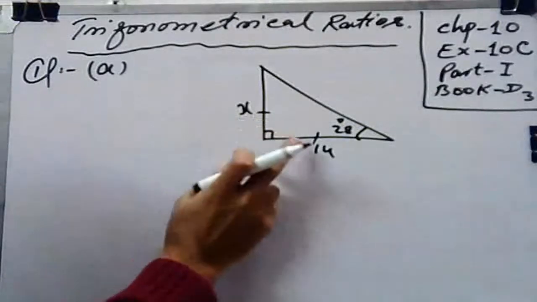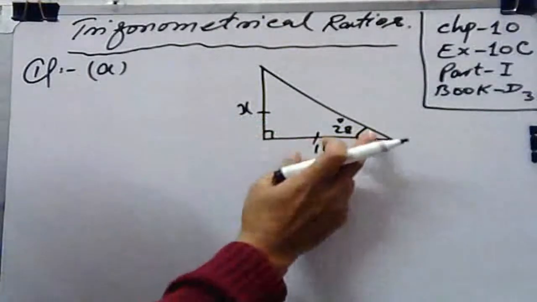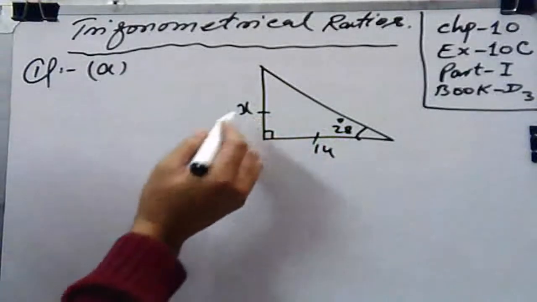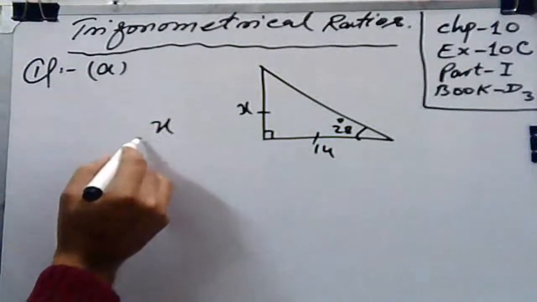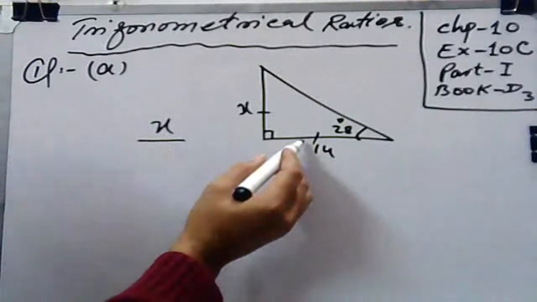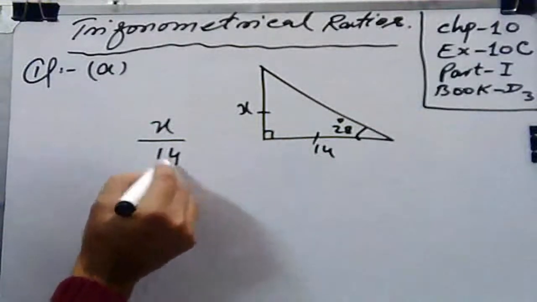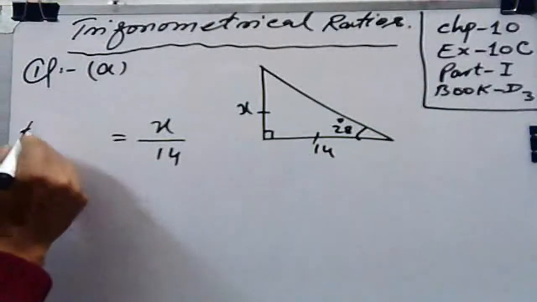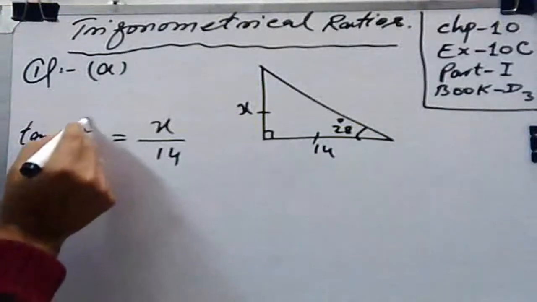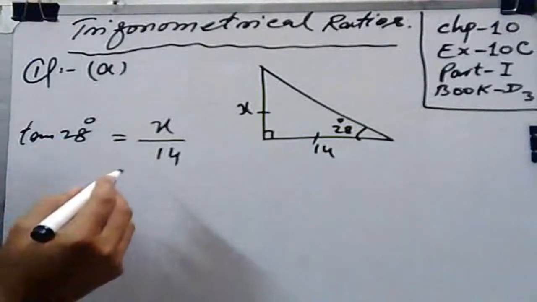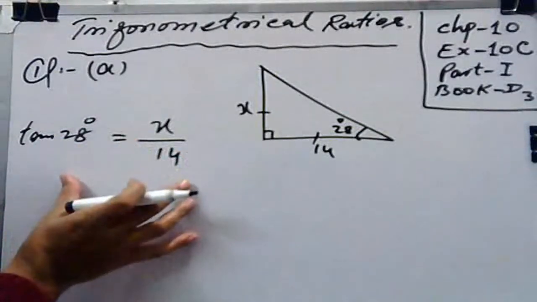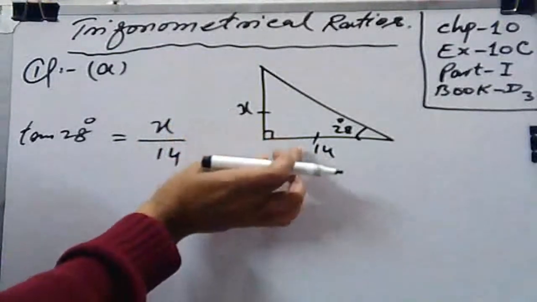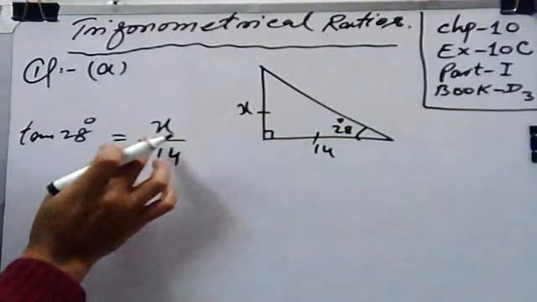X is unknown and this side is known to us, and whenever you take this angle, in front of it is your opposite side. So we know that opposite by adjacent is known as tan. So you can take the ratio, that is tan 28 degree. So you have taken the ratio between known and unknown sides, so you can find the value of x.